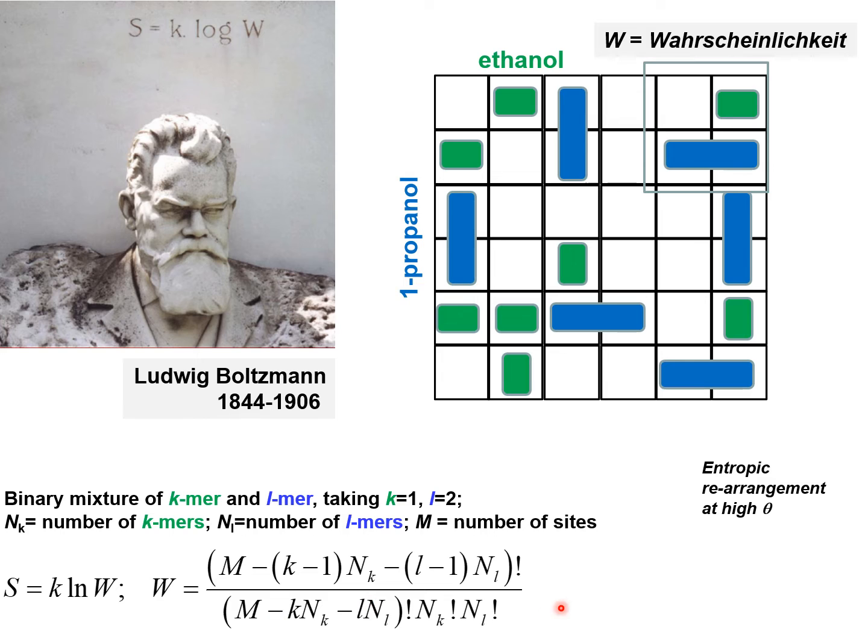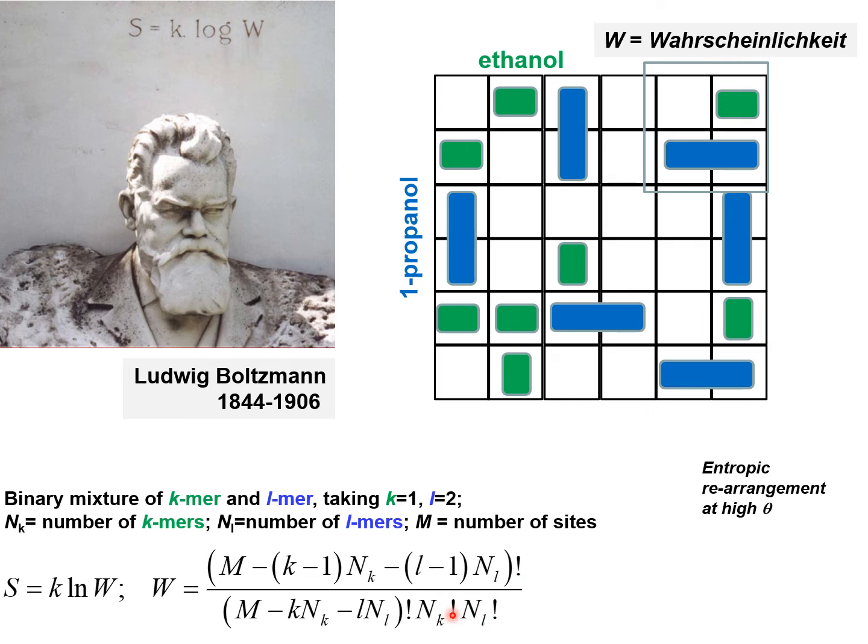is simply written in terms of the number of Kamers, NK, the number of Elmers, NL, and M represents the total number of adsorption sites on the checkerboard. For the special case of ethanol 1-propanol, K is 1 and L is 2, which is 1-propanol.